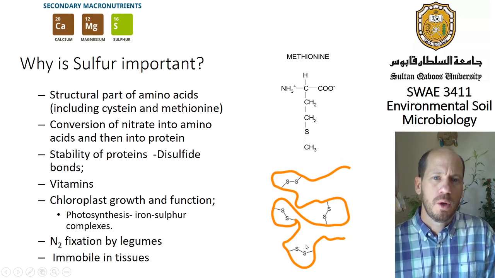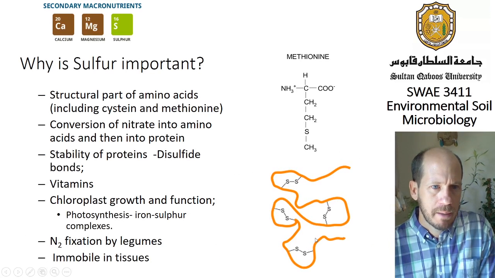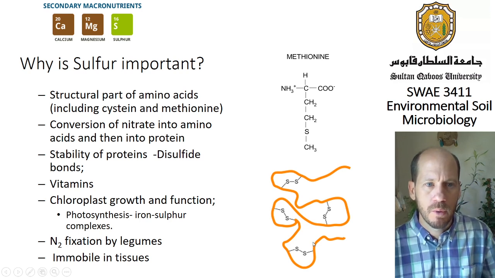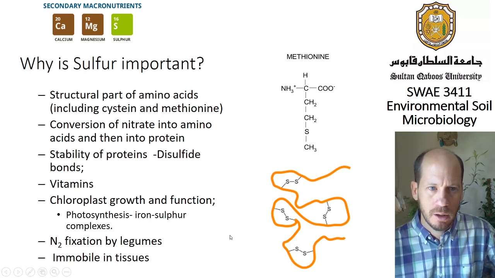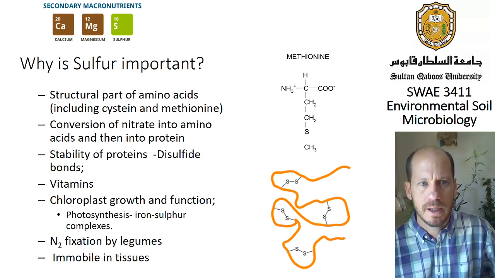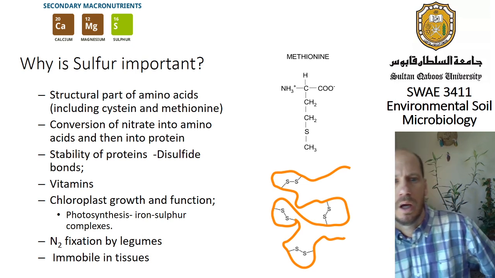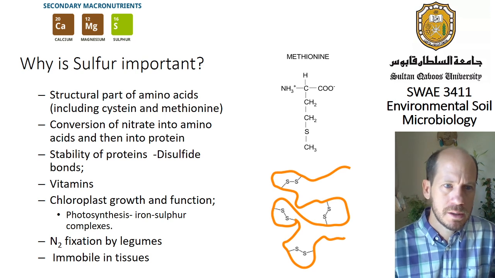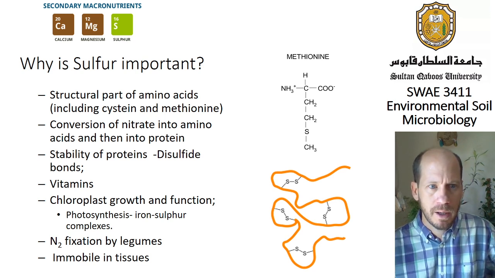So when we look at agronomic systems, when we're thinking about plants, why do we think sulfur is so important? Why do we care so much about sulfur in the agroecosystems? The main reason is that sulfur is an essential nutrient for plants, and it is essential because you cannot replace it with any other nutrient.